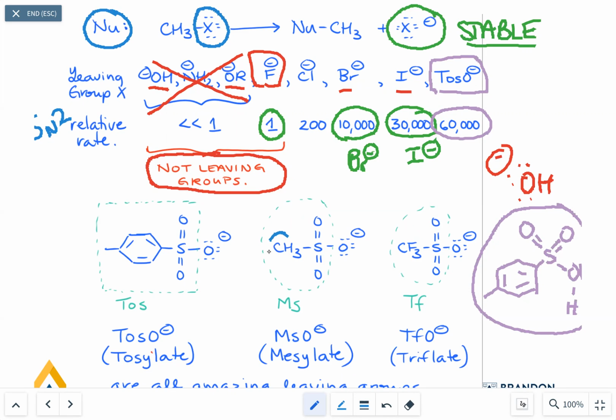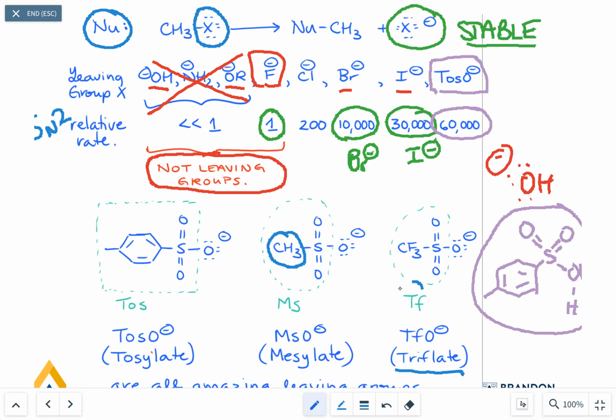If it's just a methyl group, it's a mesylate. And if the methyl group has got 3 fluorines attached to it, this is a triflate. And so the Tf is just the abbreviation. It doesn't include the oxygen there. So this would be a mesylate, MsO-, TfO-, TsO-. So these are all super, super awesome leaving groups.